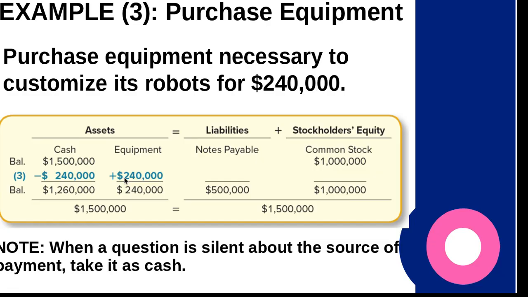Accounting equation still balances. So this one now does not affect the other side. It only affected the aspect of the cash, of the asset. You paid 240,000 naira for an equipment. Definitely your fund has reduced by 240. But that fund that reduced by 240 is representing the equipment that you bought.